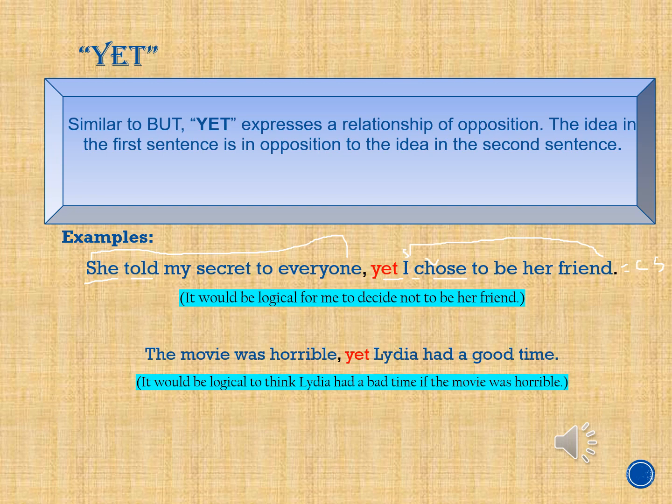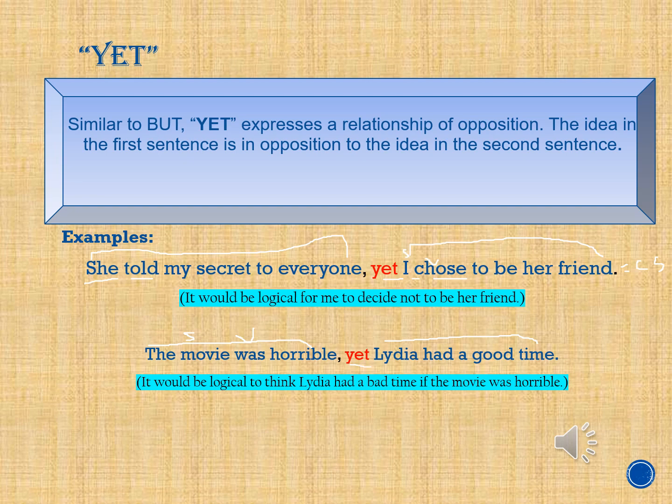Let's look at example number 2. The movie was horrible. Yet Lydia had a good time. I still have here a compound sentence with two independent clauses, and the movie is my subject. Was is my verb, so it's correct. I have a complete independent clause. Horrible is my adjective, describing how the movie was. Comma, yet is my coordinating conjunction.